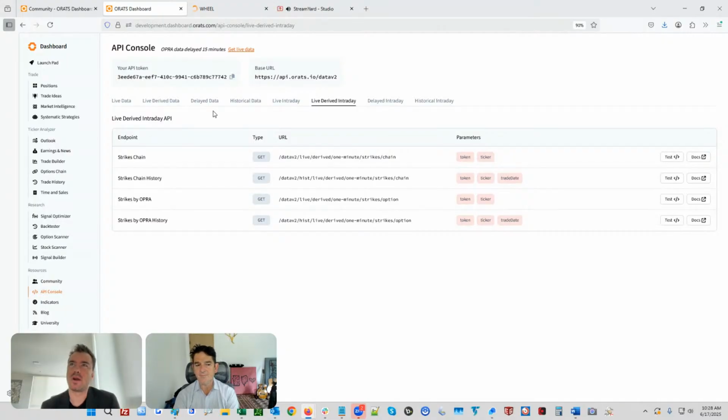Yeah, absolutely. We definitely listen to our data clients, and one thing we're releasing this week is the snapshot API. So if you're a data client and you want to get all the symbols in one call, you're going to be able to do that, and we're going to add those docs to the site this week.